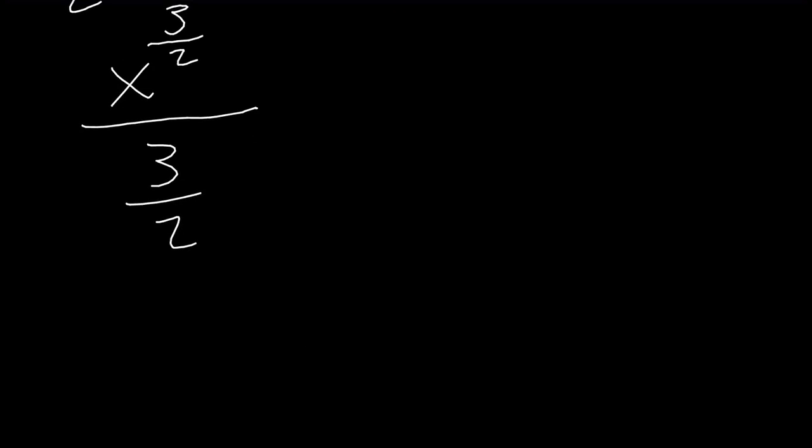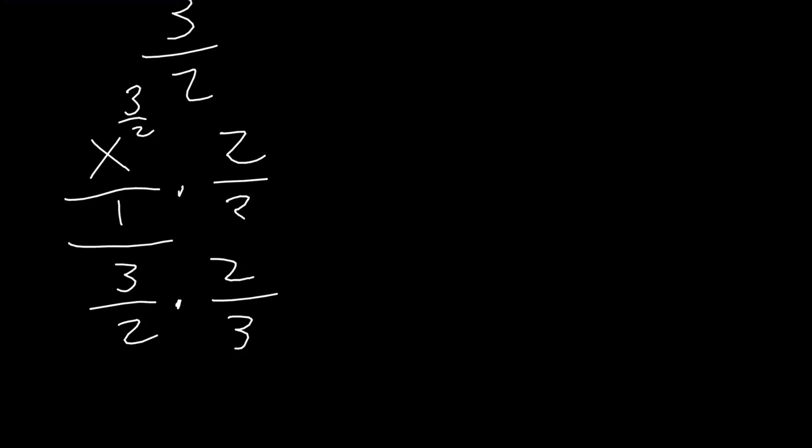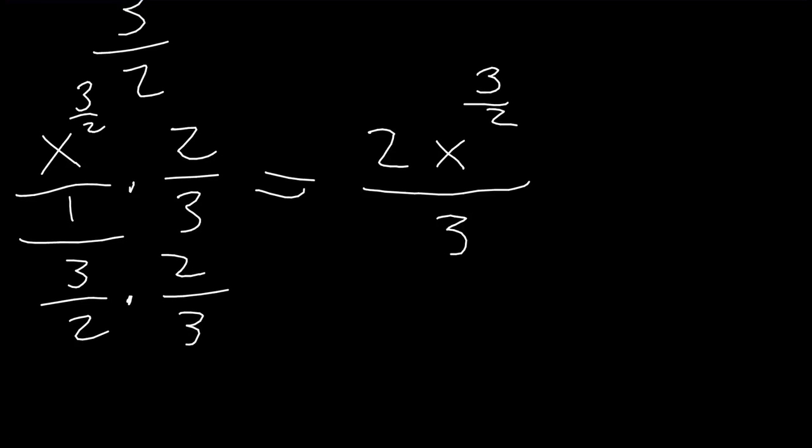So this is really just x to the 3 over 2 over 1, but divided by 3 over 2. Now we can just multiply by the reciprocal of the denominator. So we can rewrite this as 2x to the 3 over 2 over 3 plus c.